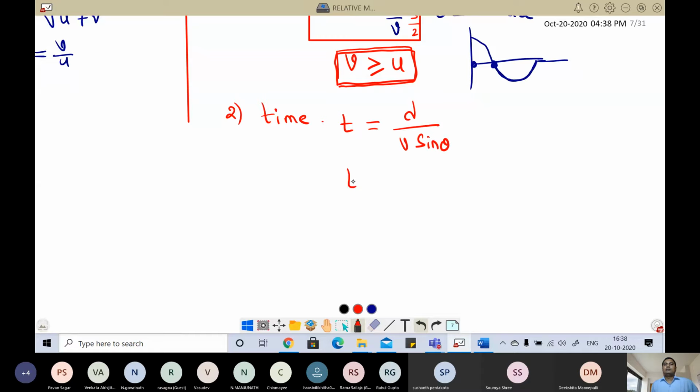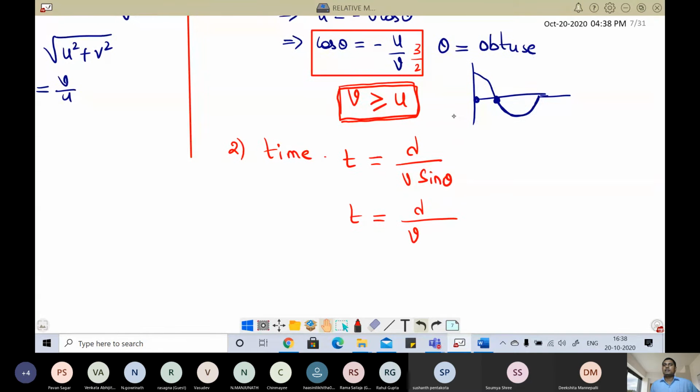Now how much time? T is equal to D by V into, now how to write sin theta in terms of D and V? Just now we got the expression for cos theta: cos theta is equal to U by V. Now we know sin theta can be written as under root 1 minus cos square theta. So T is equal to D divided by V into under root 1 minus U by V whole square.